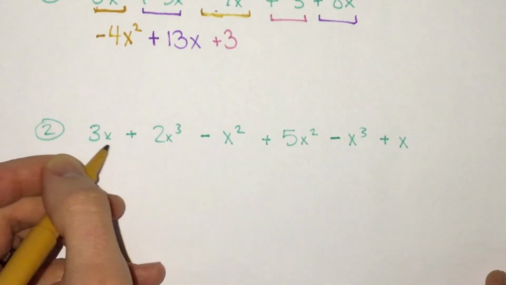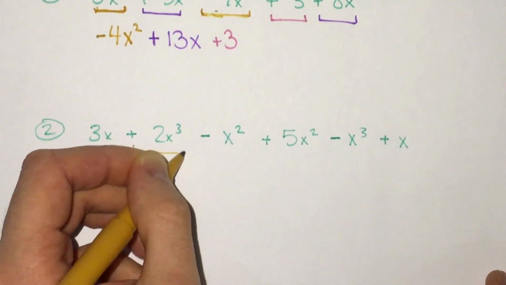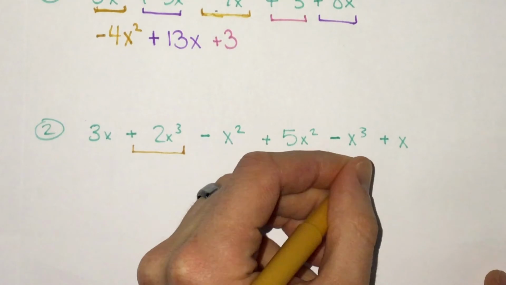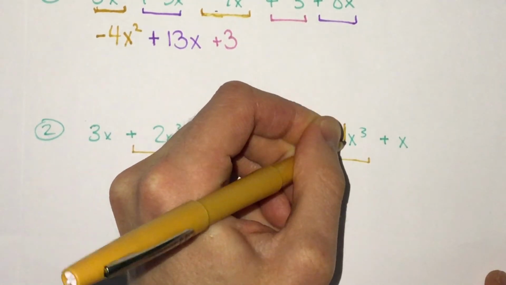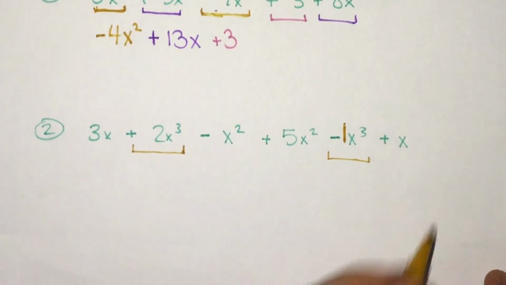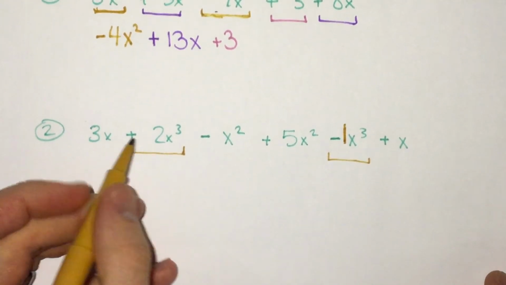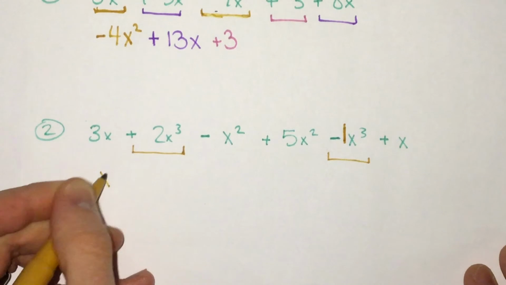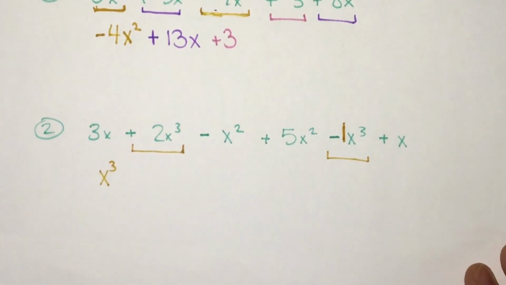The first term doesn't have an x cubed. The second one is plus 2x cubed. And then there's also a minus x cubed, and remember that's minus 1x cubed. So 2x cubed minus 1x cubed, we would get 1x cubed, or just x cubed.